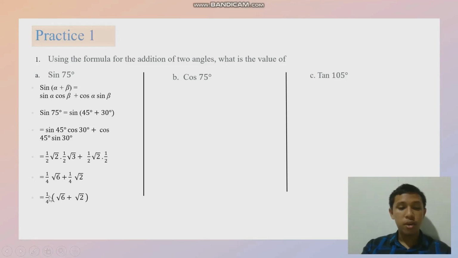So it equals 1/4 times the bracket of the square root of 6 plus the square root of 2.